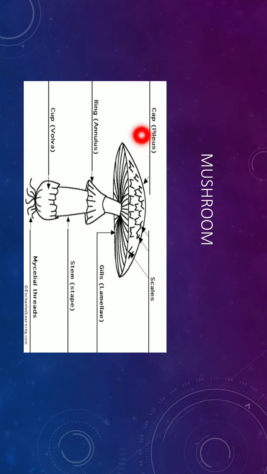Cap is also known as pileus. Upon the cap, scales are seen. Below the cap you can see gill or lamella. After that the stalk like structure is there. This is called stem or stipe, and these are the various parts of mushroom. So the detailed structure of mushroom is like this.